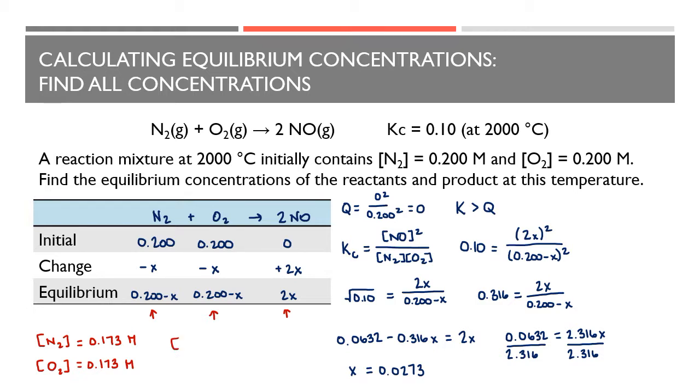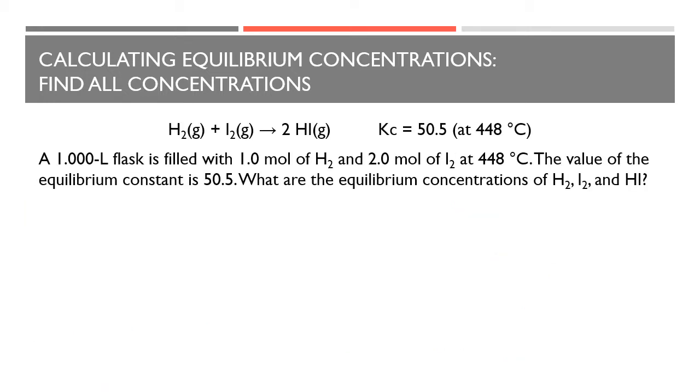The concentration of the NO is going to be 2 times x. So I take 0.0273 times 2 and I get 0.0546 molar. So 0.0273 is the amount of the concentration that is lost by the reactants and gained by the products.